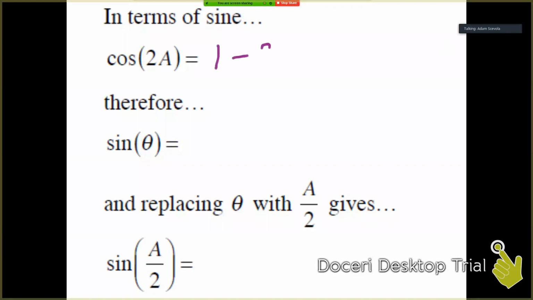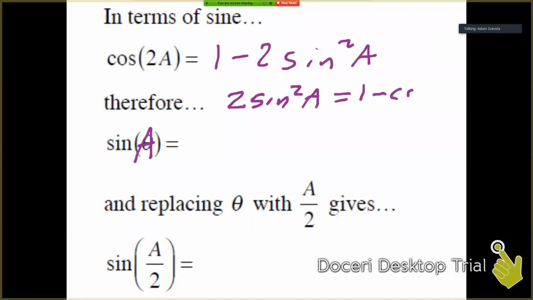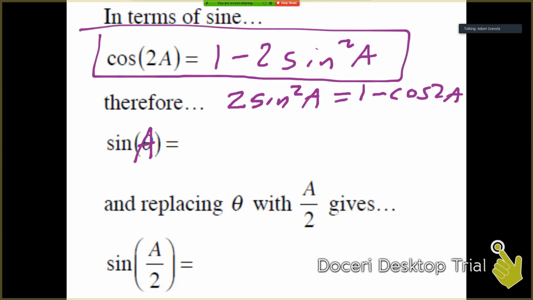So we got 1 minus 2 times the sine squared of a, equal to the cosine of 2a. Instead of theta, we'll keep it consistent, it should be a. Now we have to solve for the sine of a. I'm going to add 2 sine squared a to the other side of the equation and subtract the cosine of 2a, isolating sine.